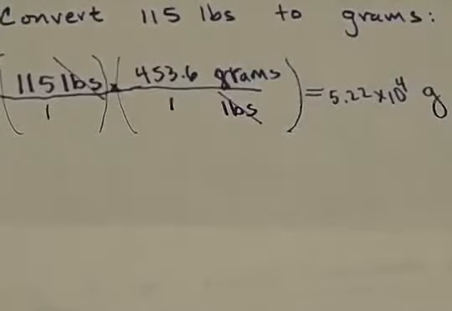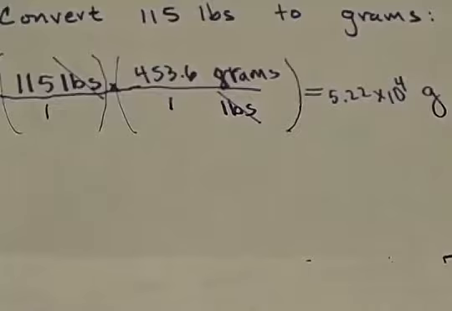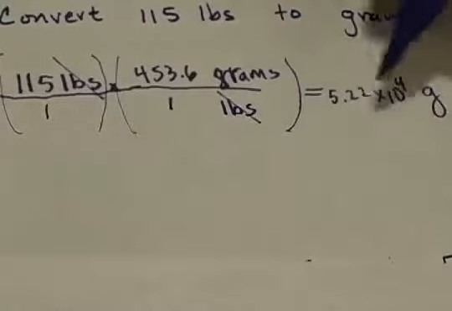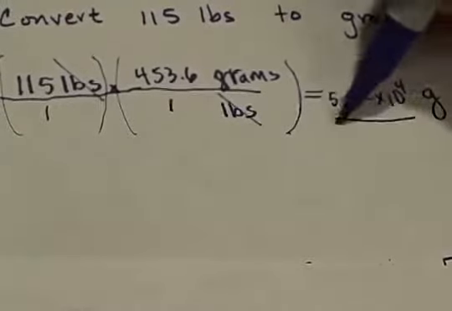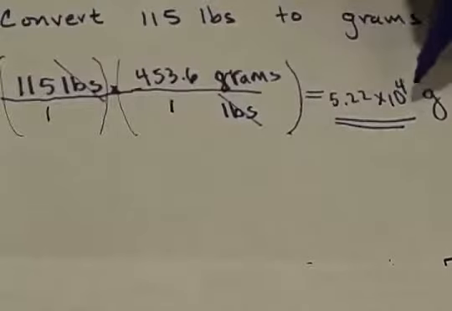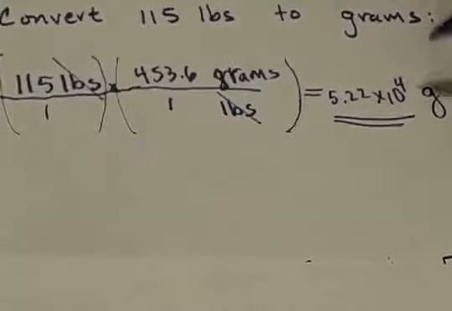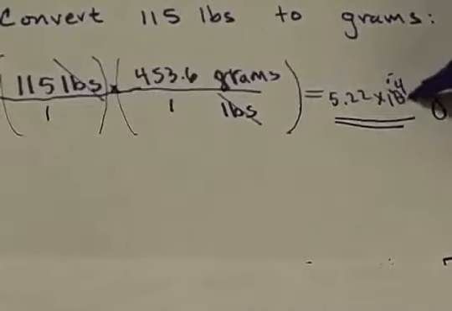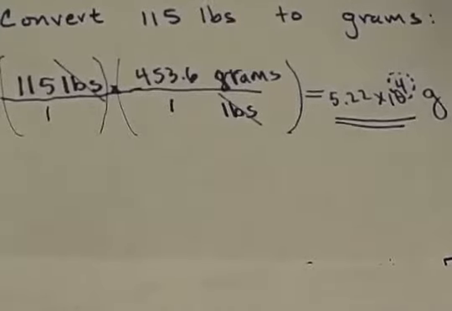Perhaps this is a good time to review a little bit about scientific notation. Scientific notation is nothing more than taking a number that's really big or really small and expressing it as times 10 to some power. This power right here simply means that the decimal point is either moved to the right to make it larger or to the left to make it smaller by that number.